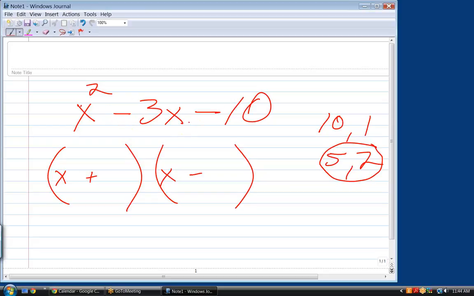So every time we do one of these, two signs are very important. They answer steps 2 and 3 and 4 in this case. So the 5, the middle sign is a negative, so the 5 goes with the negative.